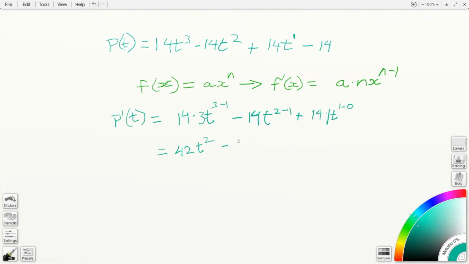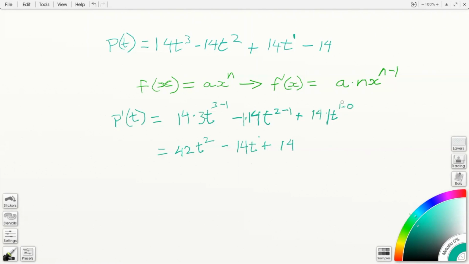Now we've got 14. I didn't write the 1, so we multiply that by 1. So that's just 14. Now 2 minus 1 is 1. However, let's not write that today. We're just going to write 14t plus, now 14 times by 1 is obviously 14.